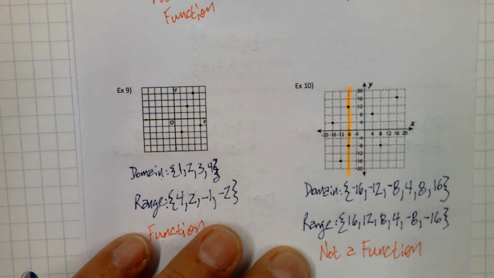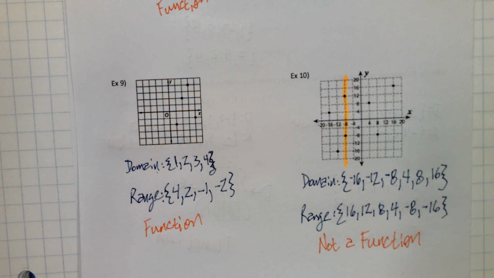Notice what kind of line did I draw? How would you describe that line that goes straight up? It's a vertical line. Notice I drew a vertical line and it touched the points more than once. Touched it here, touched it there.